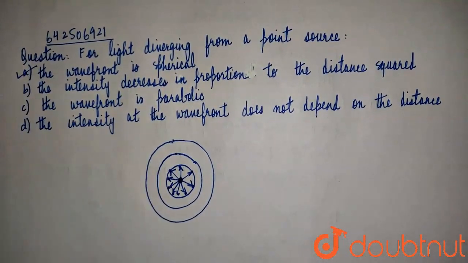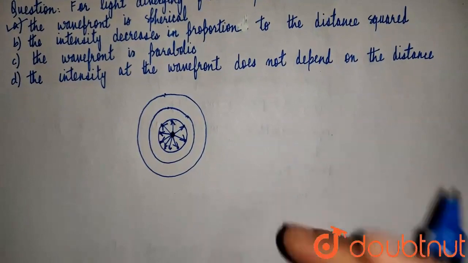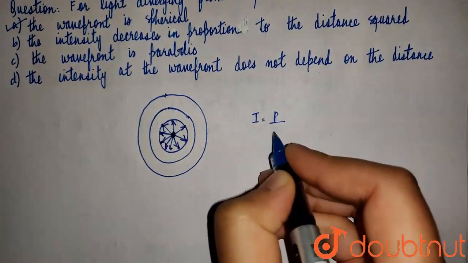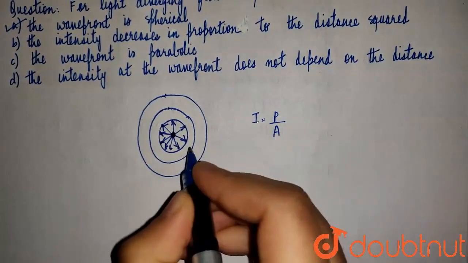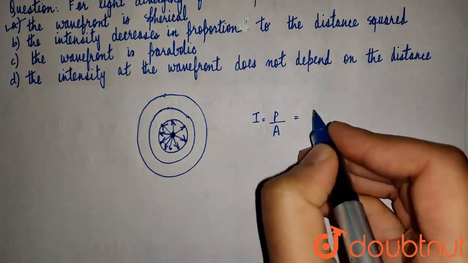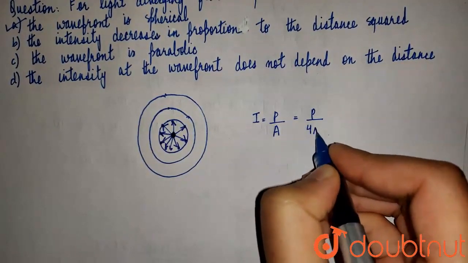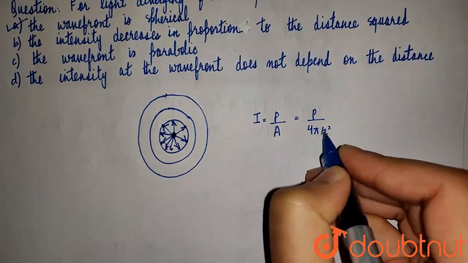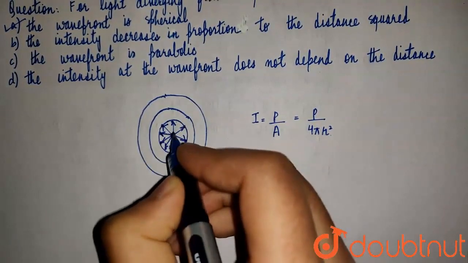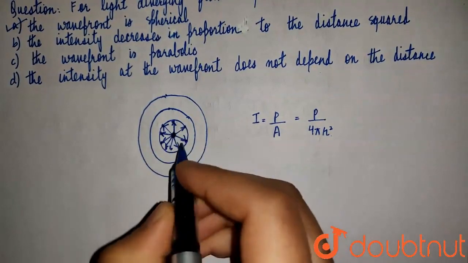Option A is right. Now see, intensity is defined as the power per unit area, and in this case the area of a sphere is equal to 4 pi r square, so it will be P by 4 pi r square. What is r? R is the radius of these spheres. Radius for this sphere will be the distance from this to this.